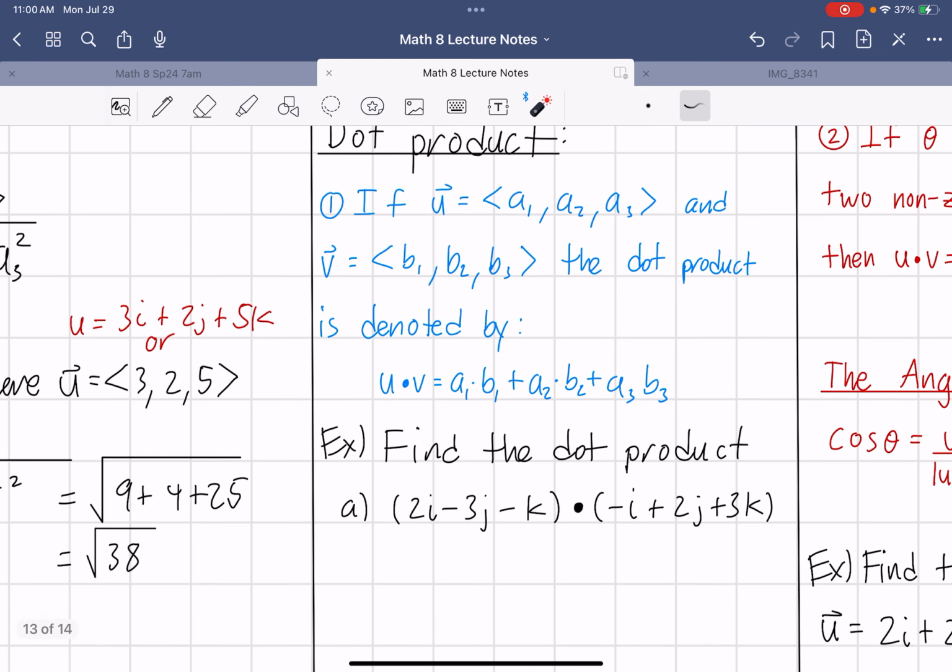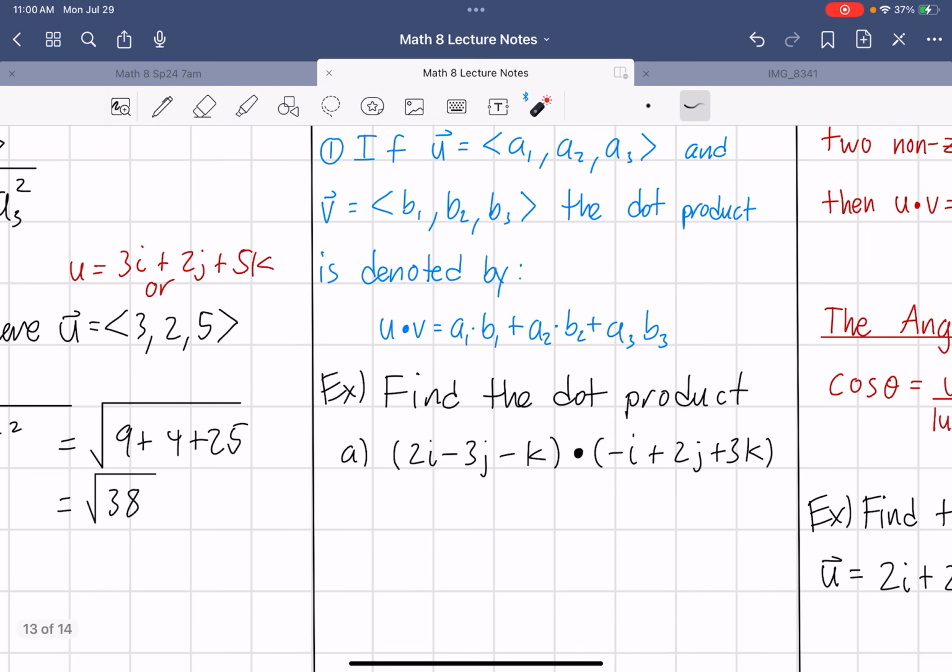And the way it worked before, remember, we multiply the corresponding components, but then we do the sum of those products. So to get used to that ijk notation, I didn't say u is this vector and then v is this next vector.